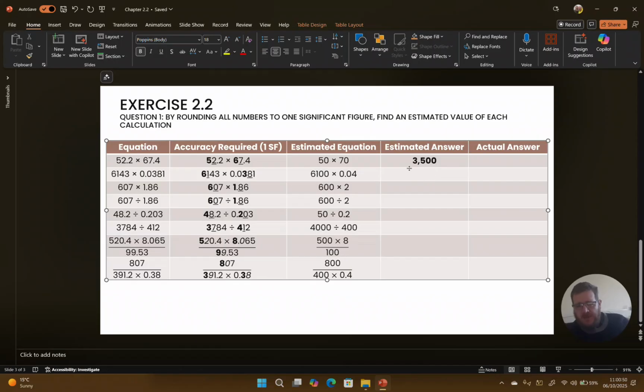Now, essentially, what we're doing here is we're working out 4% of 6,000. So I'll put the 6,000 in, and what we'll do is that is 10% of 6,000. That's 1% of 6,000. And 6 times 4 is 24.